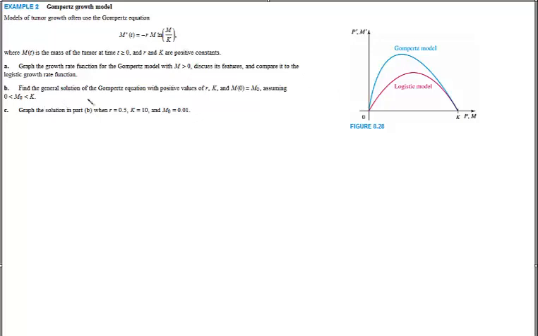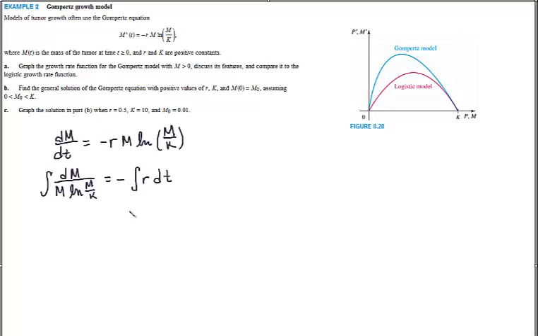Next we're going to find the general solution, which means that I will be doing a separation of variables. So I'm going to write this down, separating variables, and then integrate as we did previously in the other example. After separation of variables, note that this can then be integrated using a u-substitution.